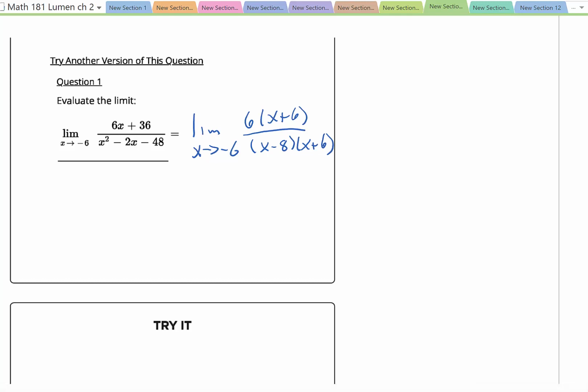So we can divide out the x plus 6's. And we end up with the limit as x approaches negative 6 of 6 over x minus 8. So that's going to be 6 over negative 14, or negative 3/7.